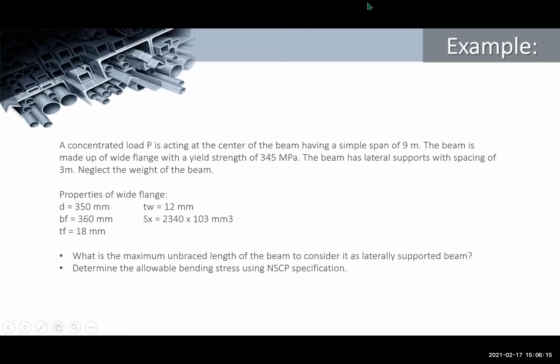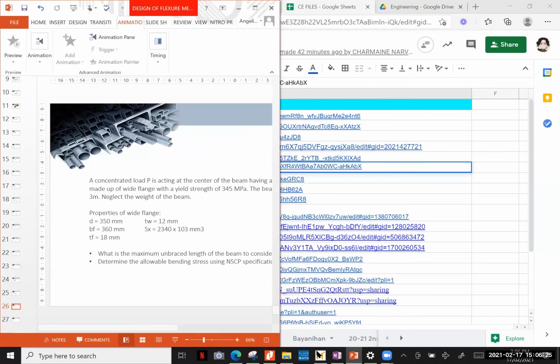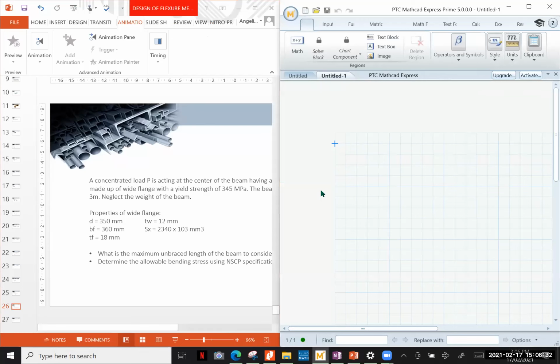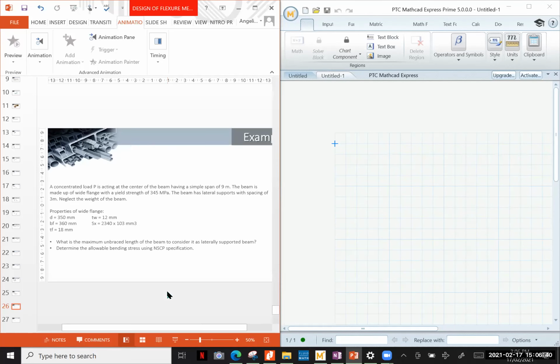So, how does it work? Kunyari, ito yung beam, simple beam.